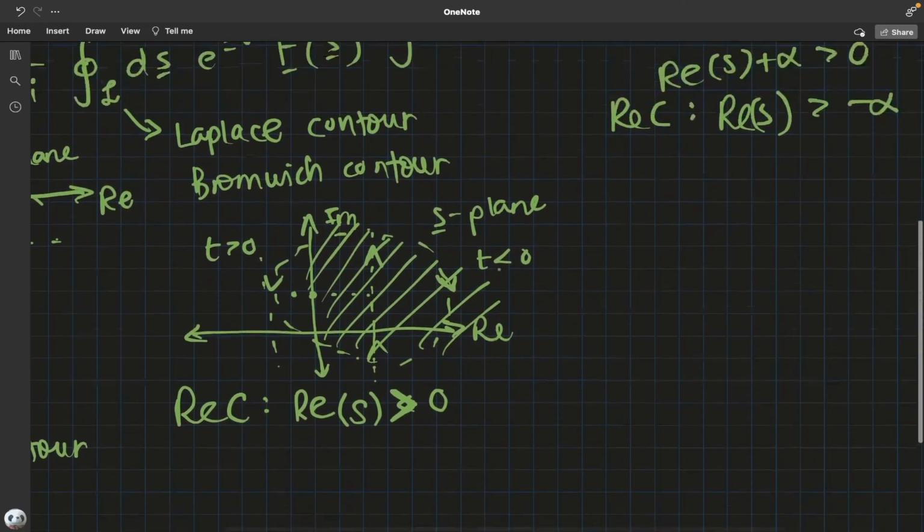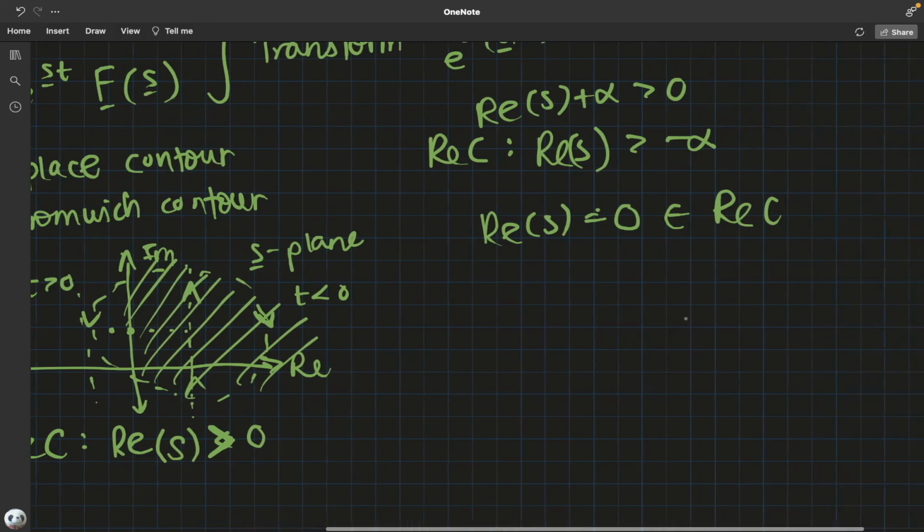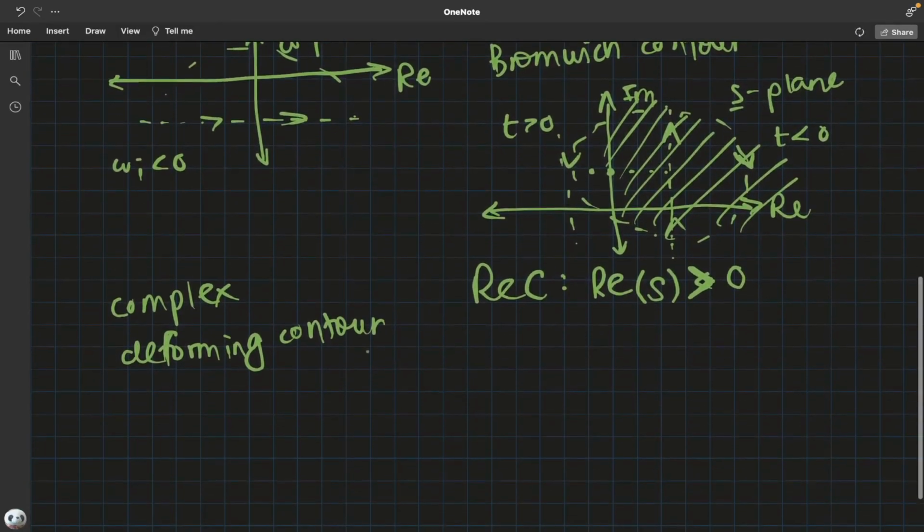We're in the complex plane now. So the Fourier transform exists when 0 is part of the region of convergence. And we will prove this. We will talk more about this.